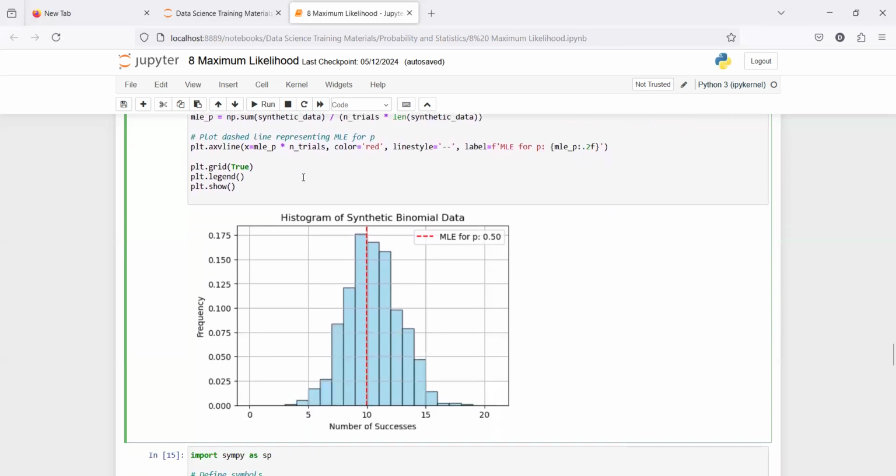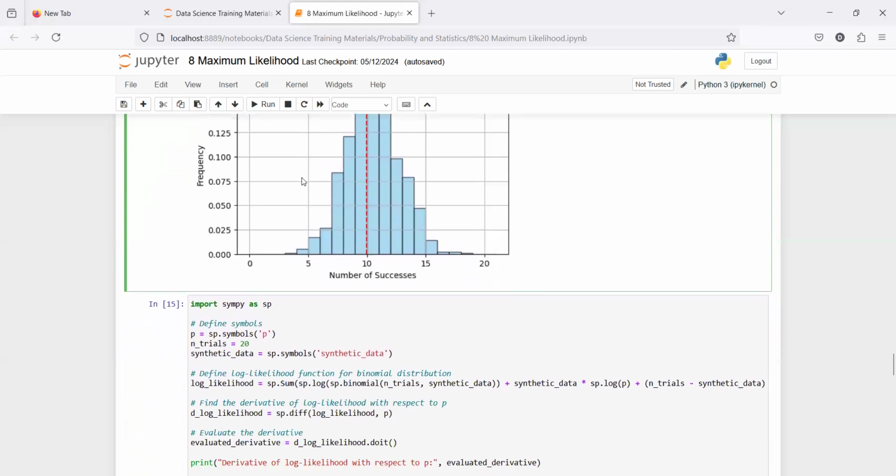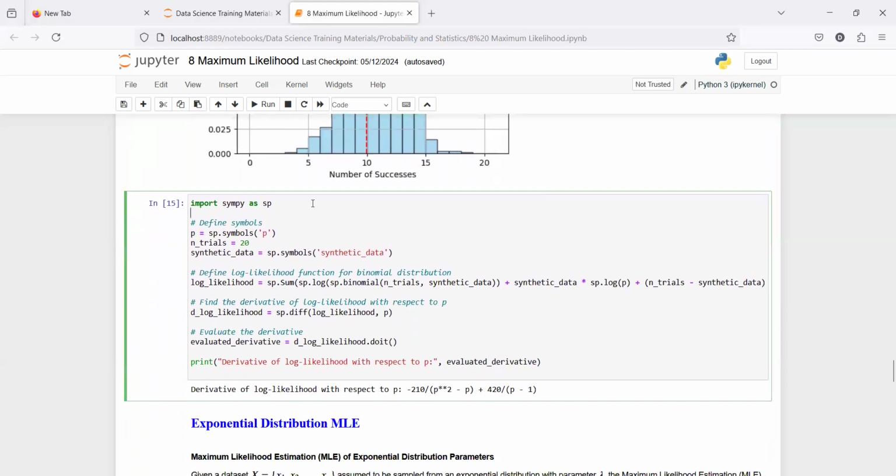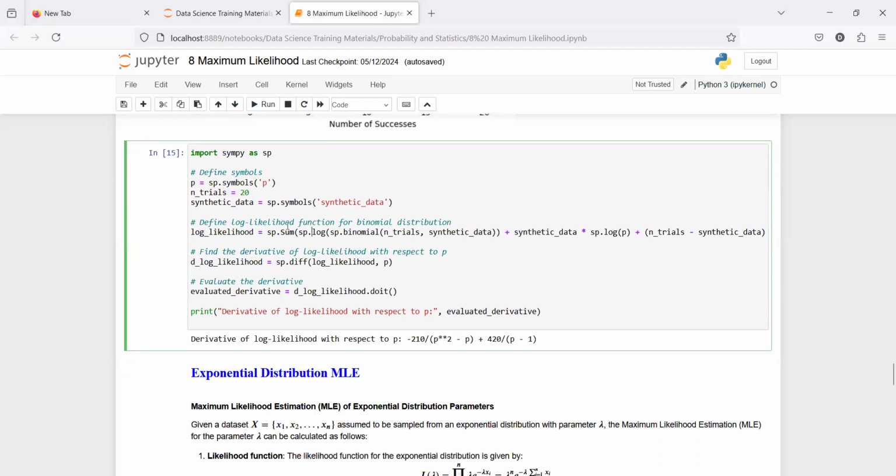So again, it does a perfect job. I also do the log likelihood function for the binomial using SciPy. I get the log likelihood here. That's just to show you another way of doing things with SciPy, but I don't evaluate the function.